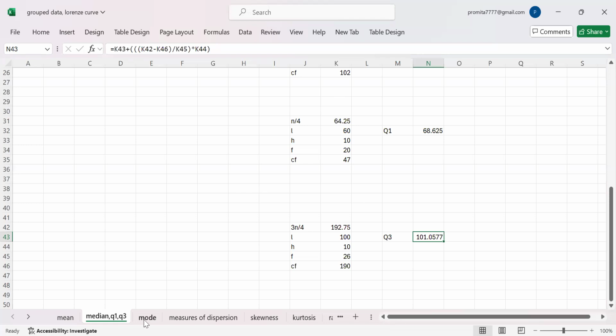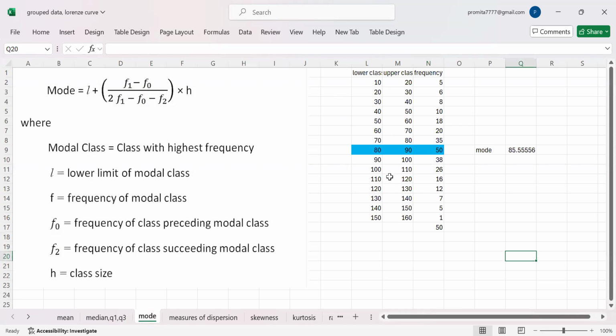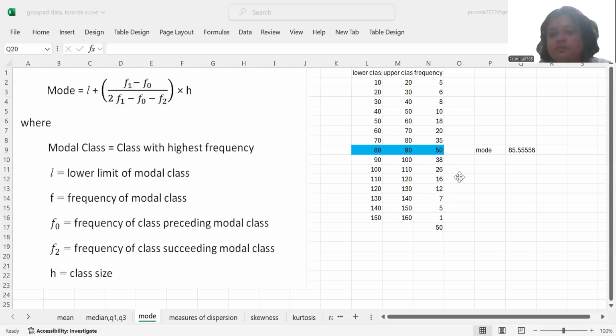Okay, so next we will calculate the mode using this formula. First we have to identify the modal class, that is the class with the highest frequency.